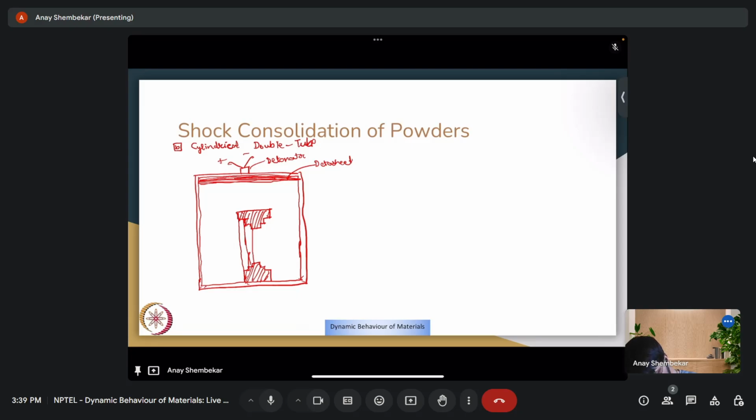You have two cylinders here, one inner cylinder which is thinner, one outer cylinder. Inside the inner cylinder you have your powder. This thing is filled with explosives. Explosive, top plug.